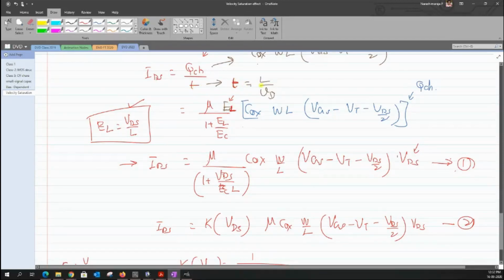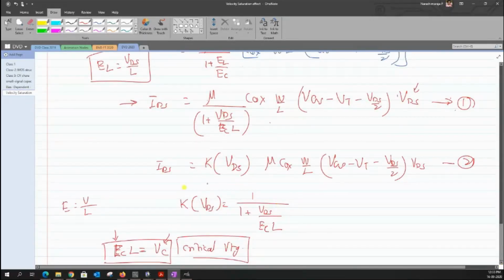Okay, so this T has something like L by VD. Already there was one L coming out here because of a cancellation. So we have two L's at the bottom. One of the L's gets cancelled with this L, and one more L comes from the EL term. Yes, sir. Okay.